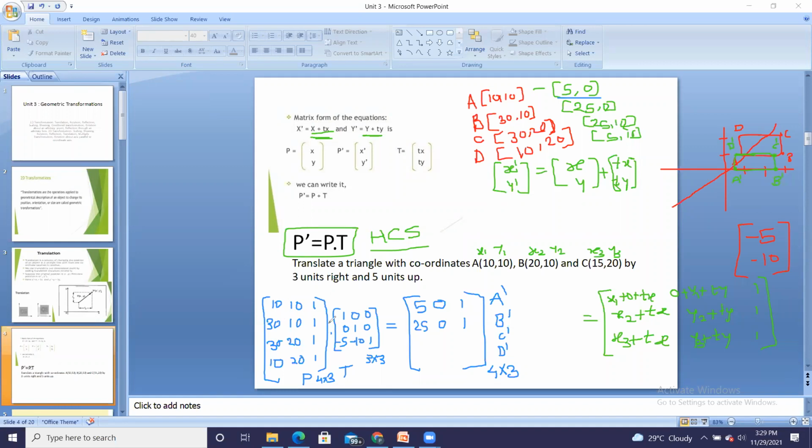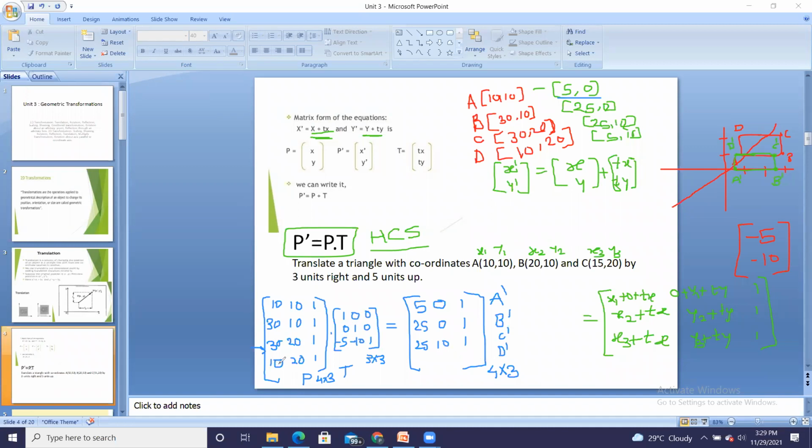Multiplication of the third row with the first column, second column, third column, you will get these three entities. So 30 into 1 minus 5 is 25. Here, 30 into 0, 20 minus 10, so 20 minus 10 is 10, 1.